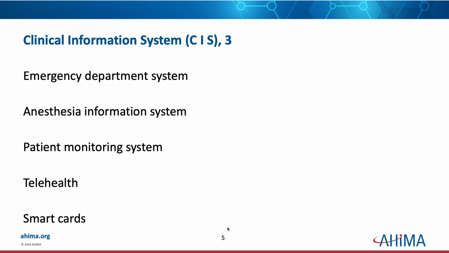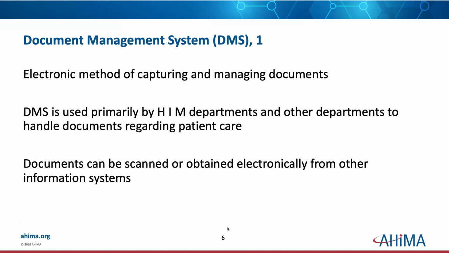But the data that they collect is sometimes shared, sometimes different. So you'll have an anesthesia information system, and you'll have a perioperative and operative surgical system. You have a patient monitoring system. Now this is getting all those vital signs. This is when you have those electronic connections that are capturing temperature, blood pressure, pulse ox, all those types of things. Telehealth. Smart cards, which I'm going to again refer you back to your book for.